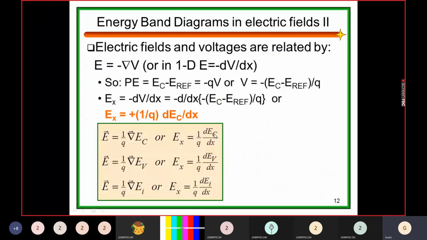So you can see there, in this case, we will be having the energy band representation for electric fields too.